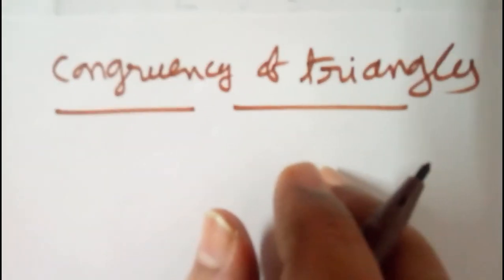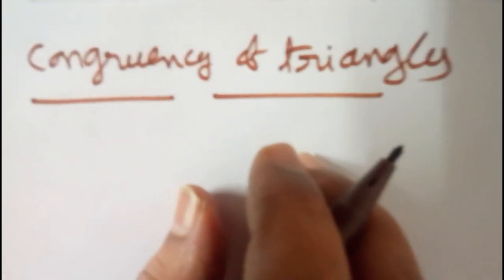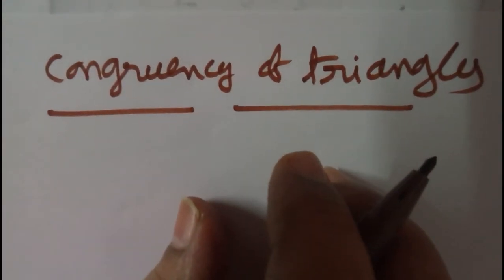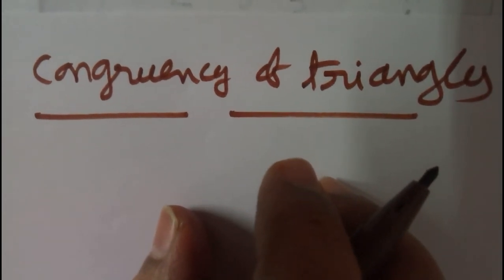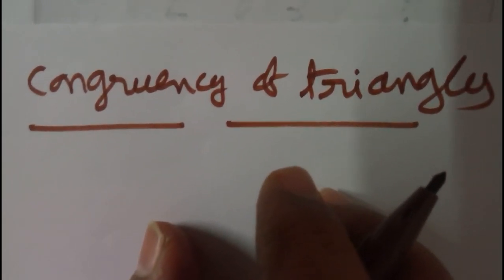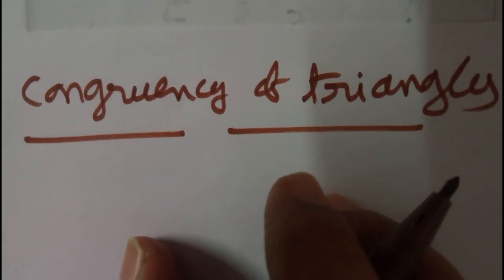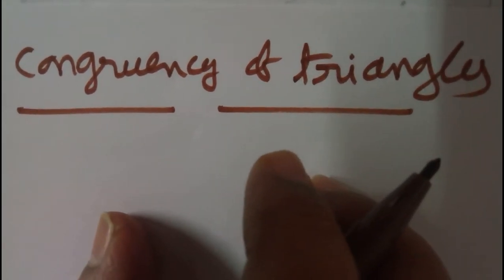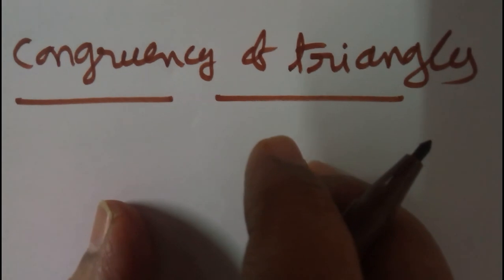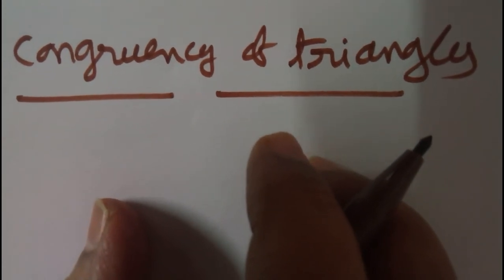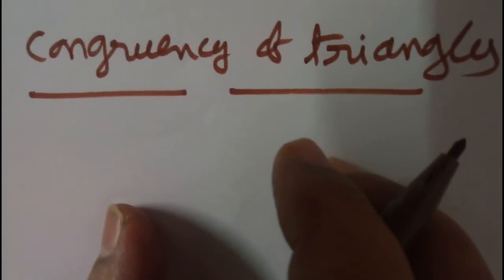Two triangles are congruent if and only if the three sides and three angles of one triangle are equal to the corresponding sides and angles of the other triangle. Then we can say that those two triangles are congruent.